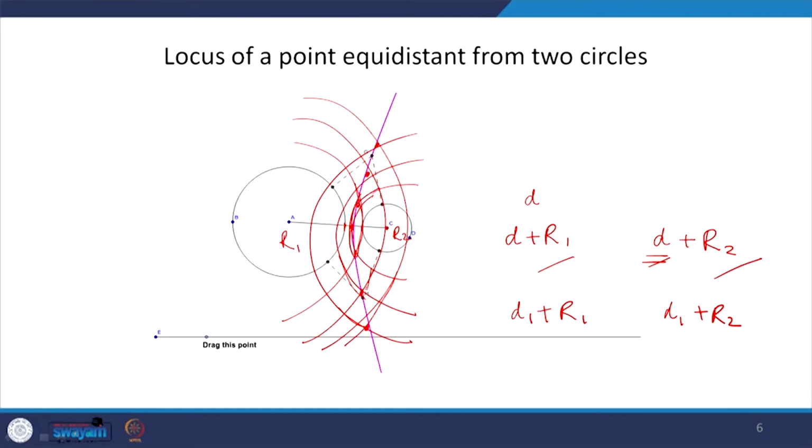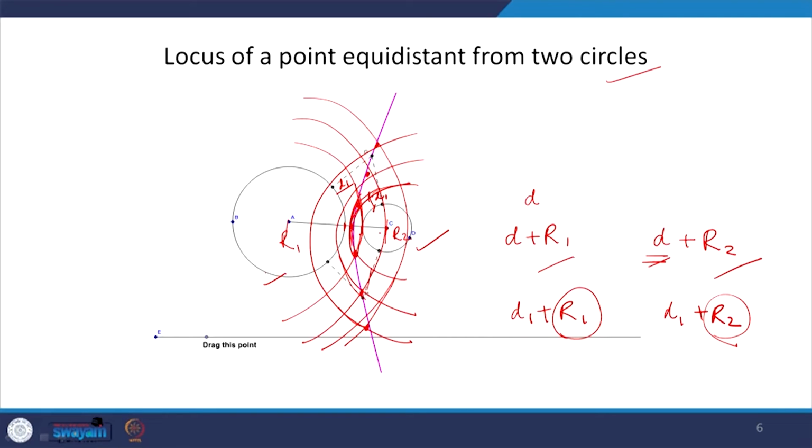So, suppose this is a circle which is offset at a distance d1, we will draw another circle which is offset at the same distance d1, and the intersection of these two will be a point defining the locus of this point, which is equidistant from the given two circles, which is this and this. Now, depending upon what are the radii of these two circles, we will get a different curve, and also how far are these two circles placed.